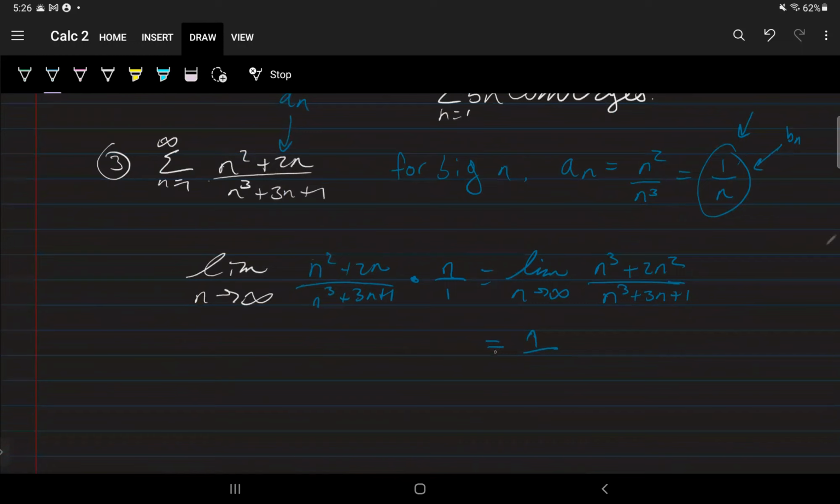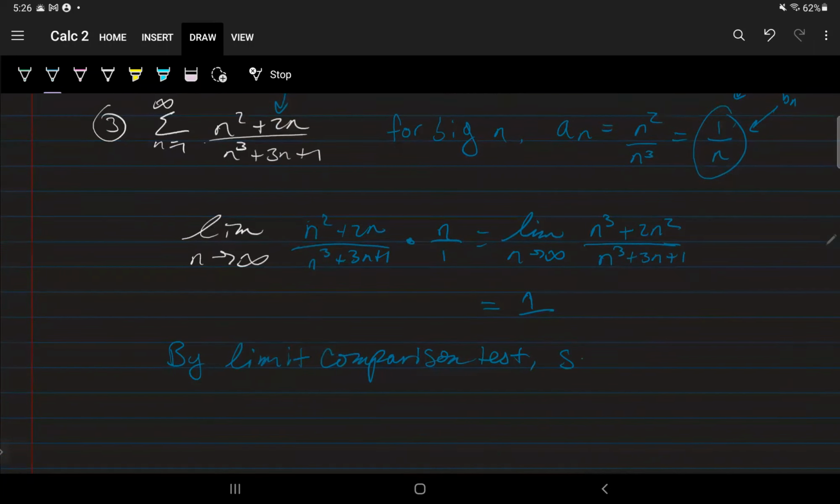So since this limit is 1, by the limit comparison test, since the sum n equals 1 to infinity of the bn's, which are 1 over n, diverges, so does the original sum. Great.